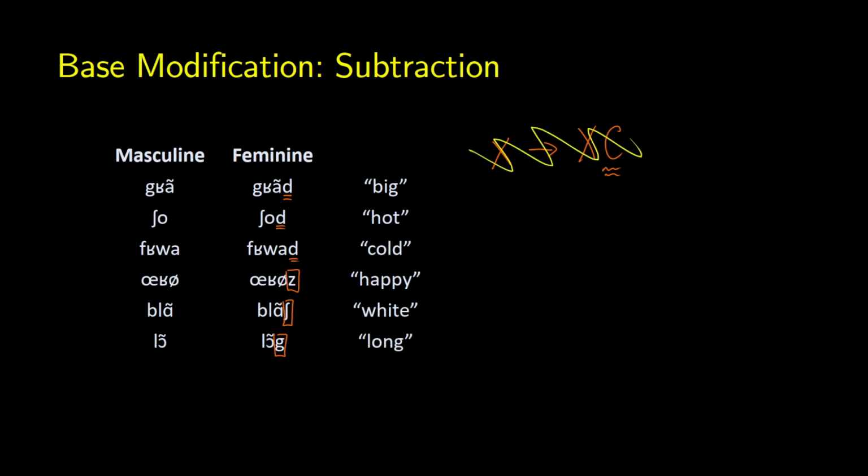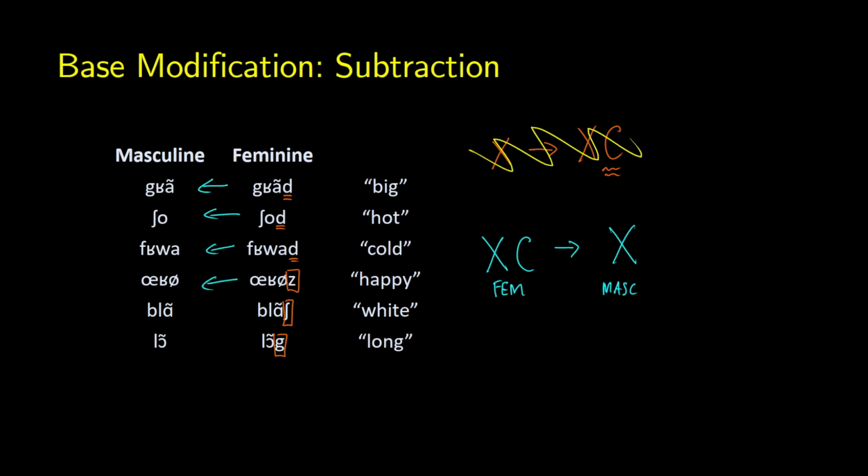We need to reverse our thinking. Maybe the feminine is the base form, so we have X and some consonant at the end. So there's a final consonant in the word, and we'll say this is going to be the feminine form. And what's actually happening is that last consonant is getting removed to make the masculine form. So really we're going from feminine to masculine.